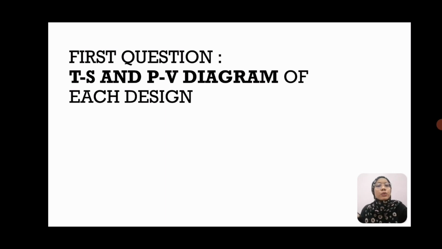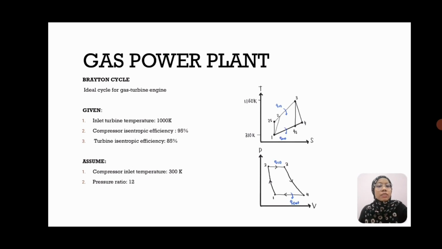So first we go to the TS and PV diagram for each design. First we have the gas power plant. For the gas power plant, we refer to the Brayton cycle. Why? Because the Brayton cycle is the ideal cycle for gas turbine engines. We have the given data: the turbine inlet temperature is 1000 Kelvin, the compressor isentropic efficiency is 95%, and the turbine isentropic efficiency is 85%.